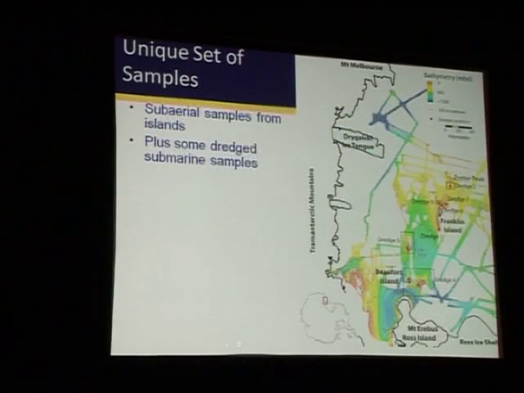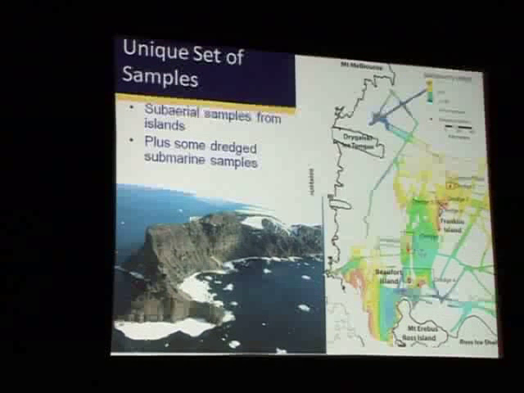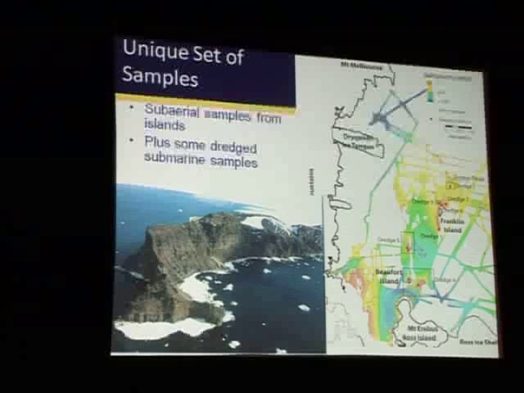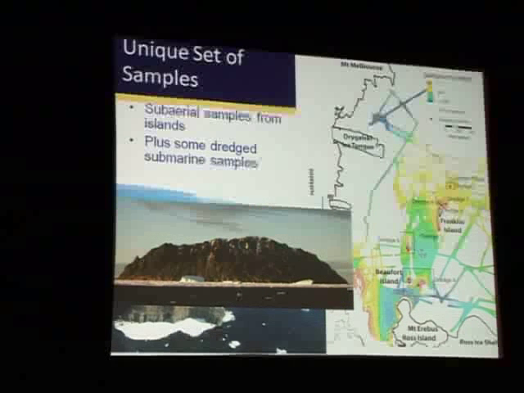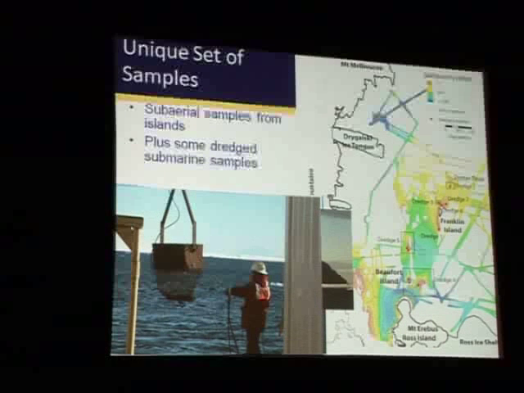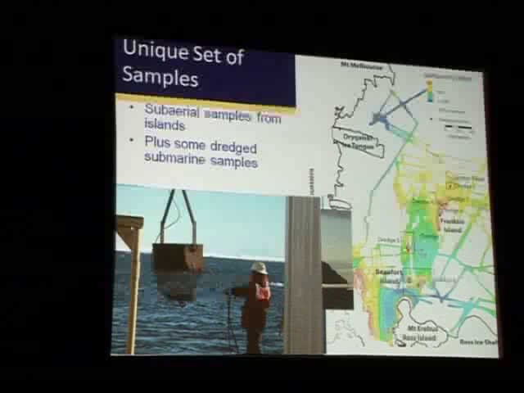So what we did was take a cruise and collect a bunch of subaerial samples from islands like this one in the middle of the Ross Sea, and another island that looks something like this, but also went ahead and did multi-beam bathymetry mapping of the Ross Sea and identified a number of volcanic edifices on the ocean floor and went ahead and simply dredged them.